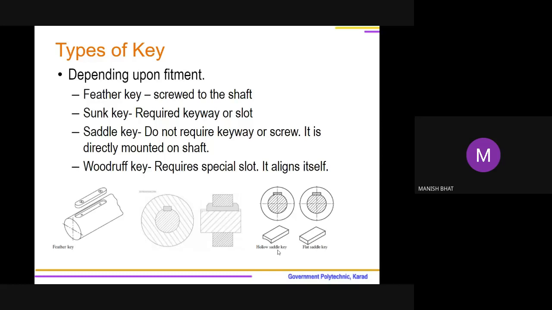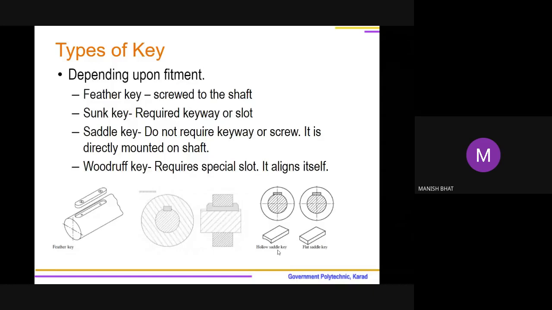So depending upon how keys are fitted, keys are classified into feather key. Which key is a feather key? A key which is screwed to the shaft is known as a feather key. You are observing in this particular diagram a feather key, and it has a provision to screw it on a shaft.